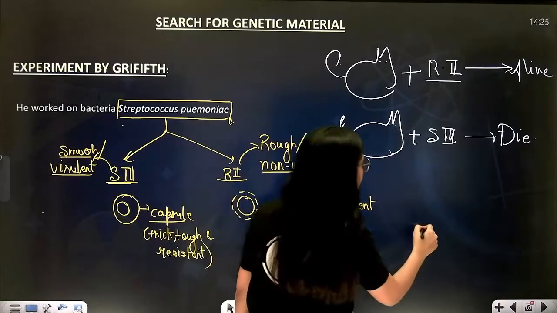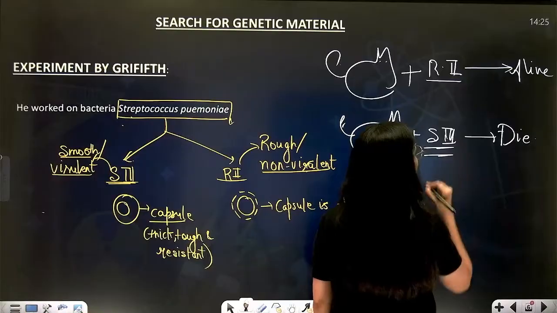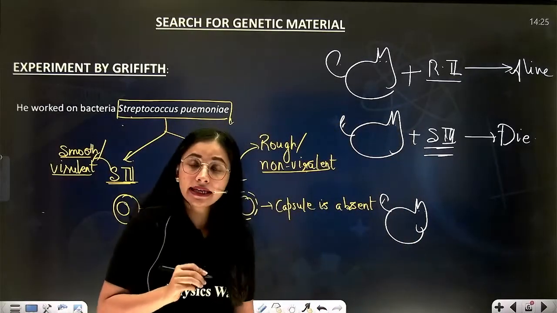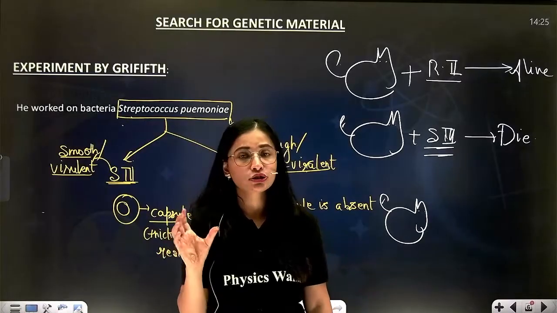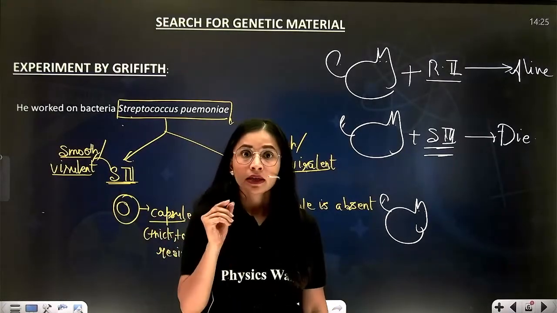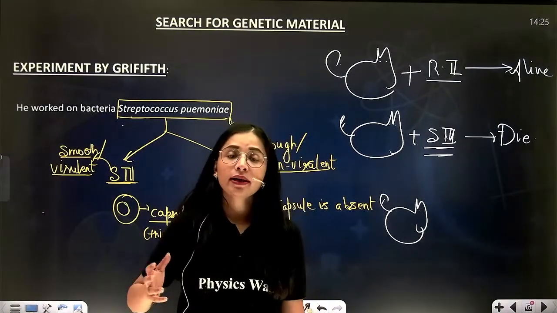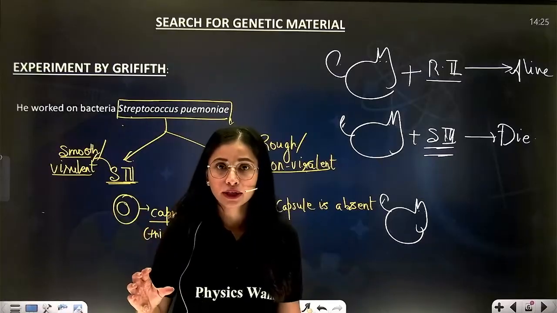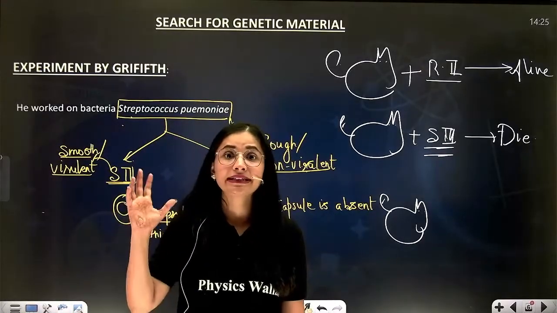In the third case, he first heat killed the S3 strain. Heat killed means he first exposed the bacterial strain S3 to heat, meaning high temperature. When you expose bacteria to very high temperature, the proteins denature.